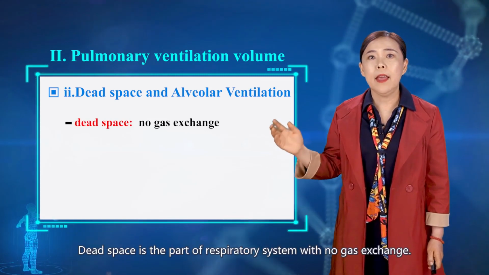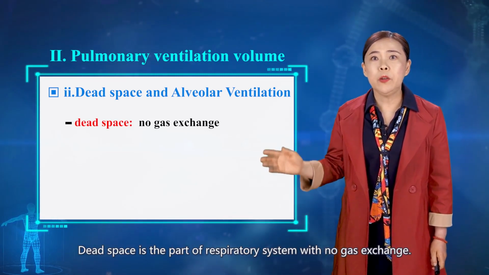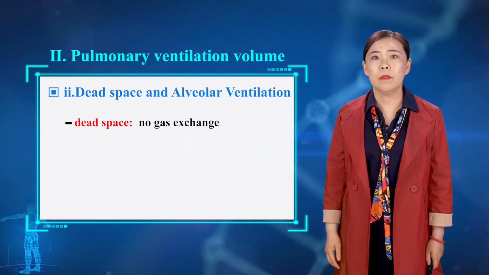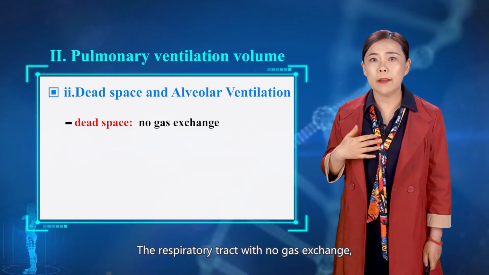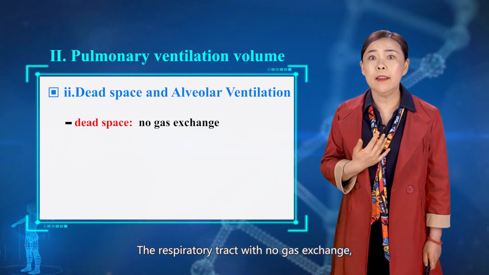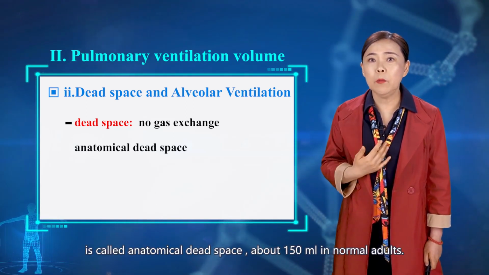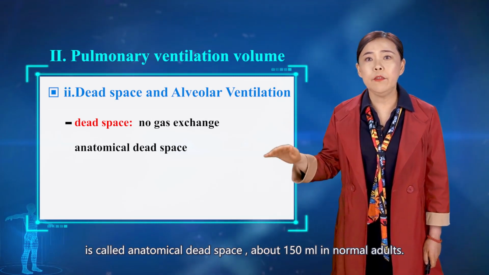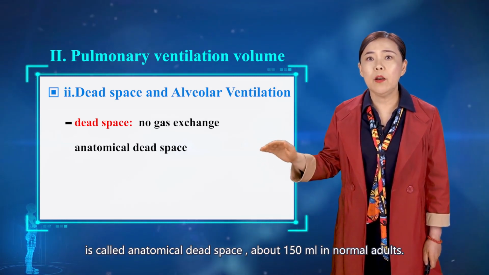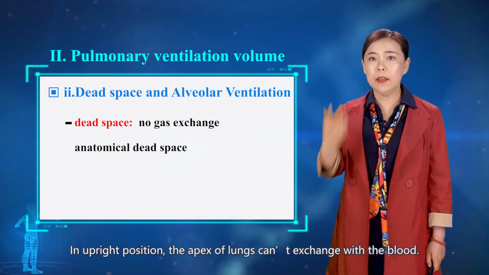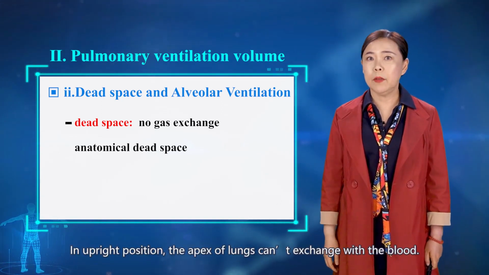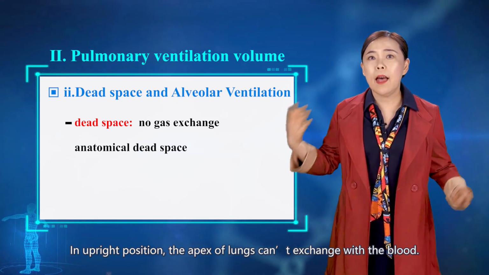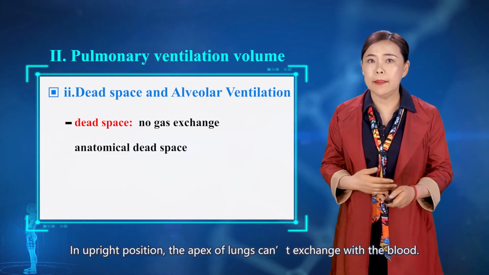In breathing, not all the inhaled gas can exchange with the blood effectively. Dead space is the part of respiratory system with no gas exchange. The respiratory tract with no gas exchange is called anatomical dead space, about 150 milliliters in normal adult. In upright position, the apex of lungs can't exchange with the blood.